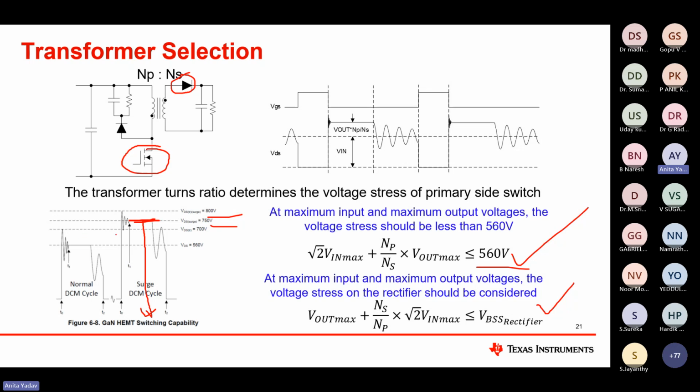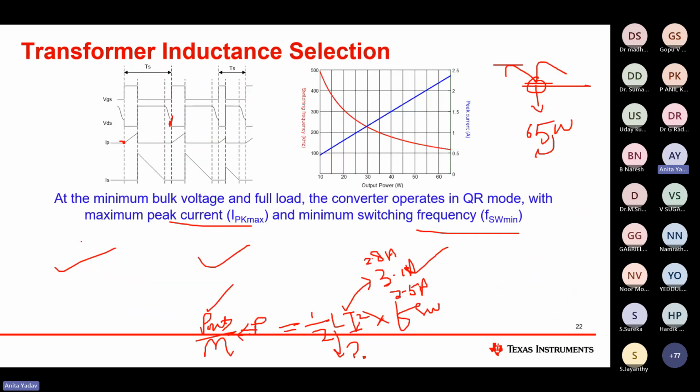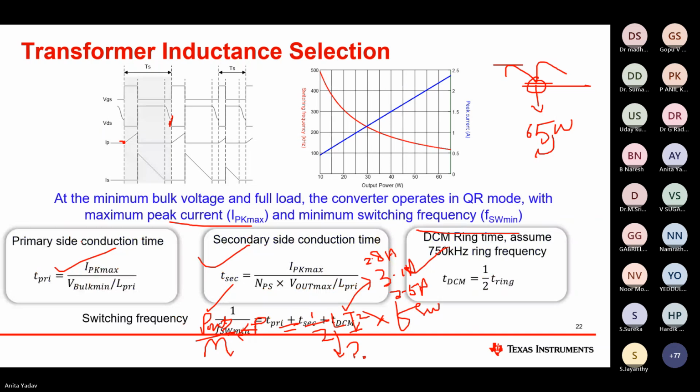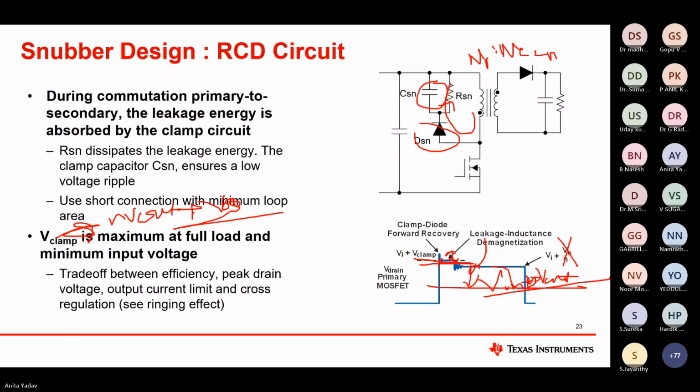This is basically the overshoot voltage. From 0 to here is your input voltage, then from here to here is N V out, and then from here to here is your V out overshoot. So this is how we do the calculations.